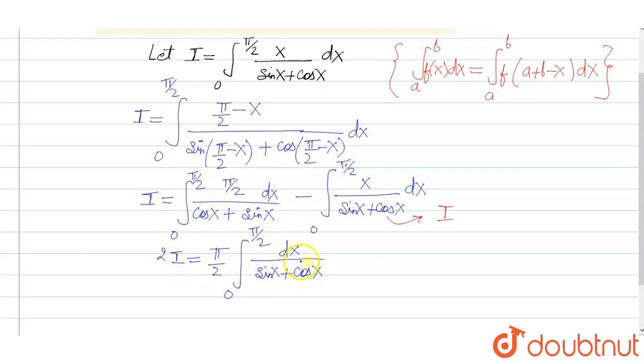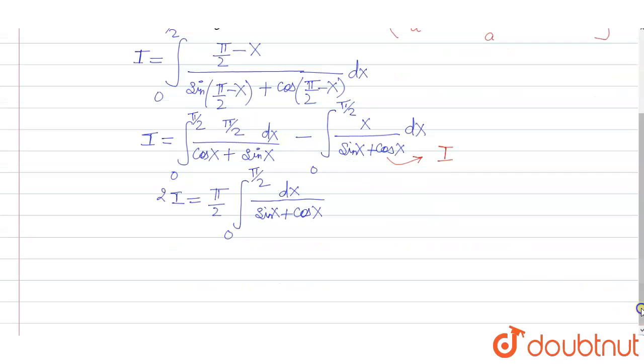So here the integral I simply becomes pi by 4 integration from 0 to pi by 2 dx divided by sin x plus cos x. Now, to solve this integral, we will convert both sine and cos in terms of tan.